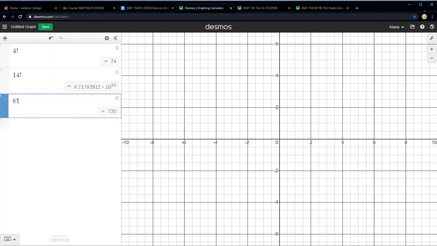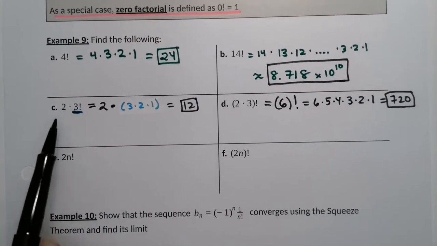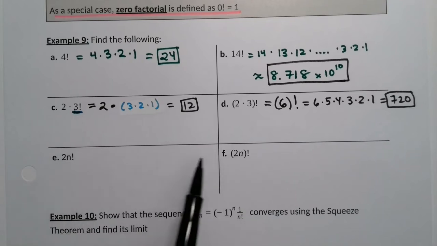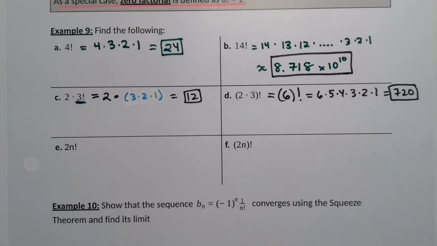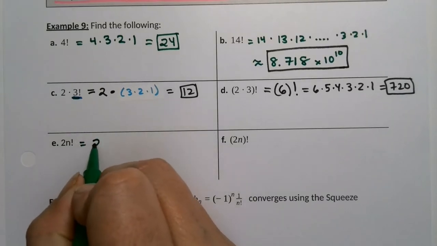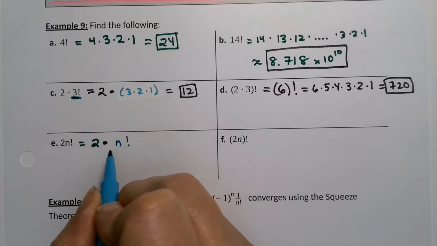Now, computers are all well and good for numbers, but again, they're not so helpful with the letters. But I wanted to do these examples so you could see, because this is where we're really going to need this. As I told you, this stuff is going to get used later on in this chapter as well as chapter 11. So I want to make sure you understand the difference. This one on the left is 2 times n factorial, right?